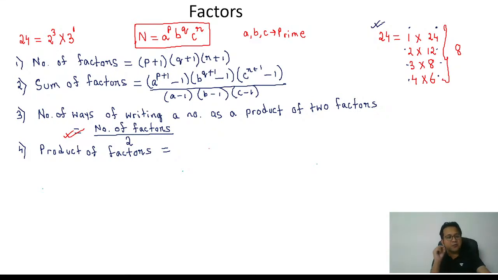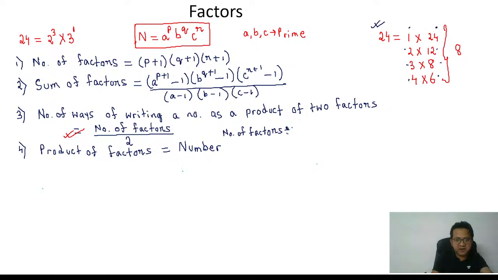For 24, the product of factors would be 1 into 2 into 3 into 4 into 6 into 8 into 12 into 24. The product of factors is given by the number to the power of (number of factors divided by 2).